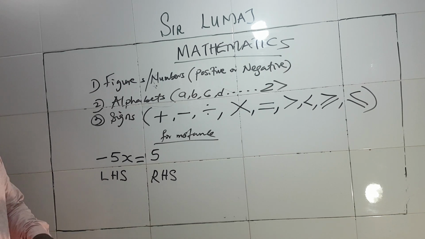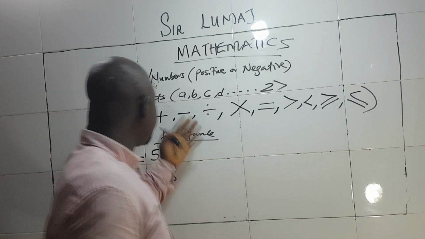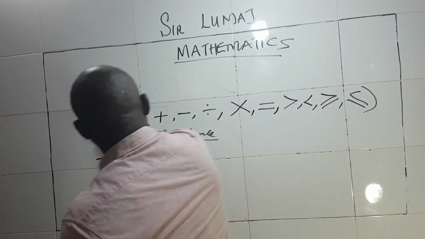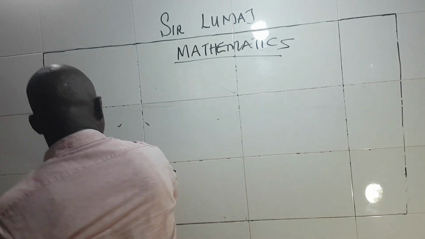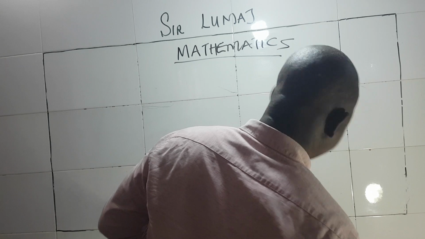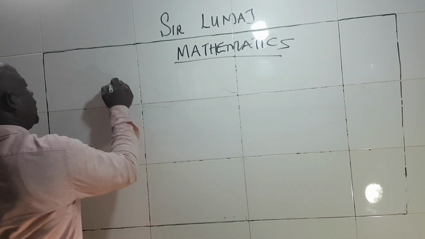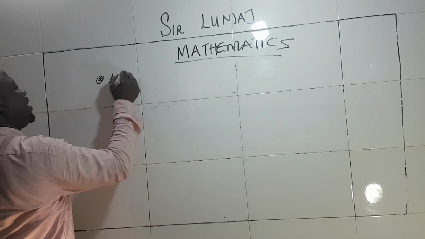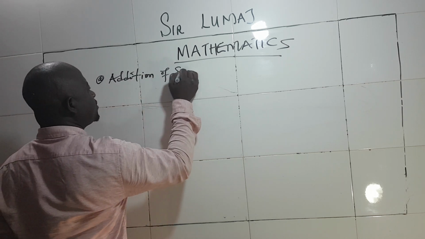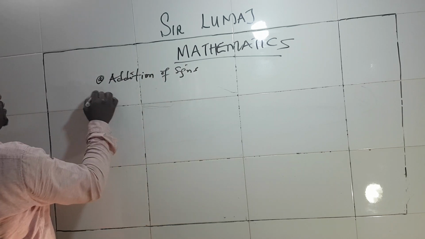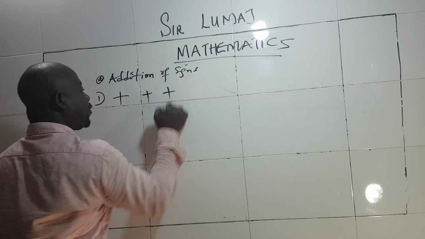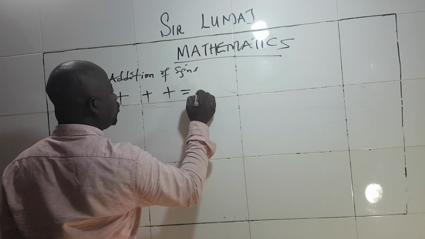Now, let's go to their relationships. Relationships of all what I've listed. A, let's say addition of signs. One, if I say plus times plus is equal to what?